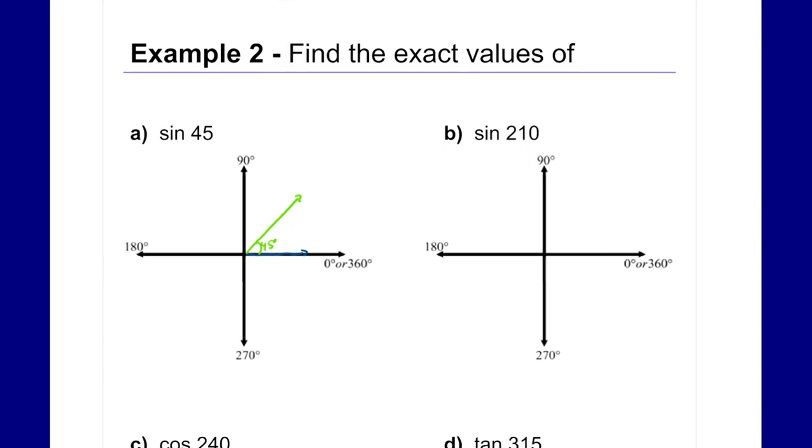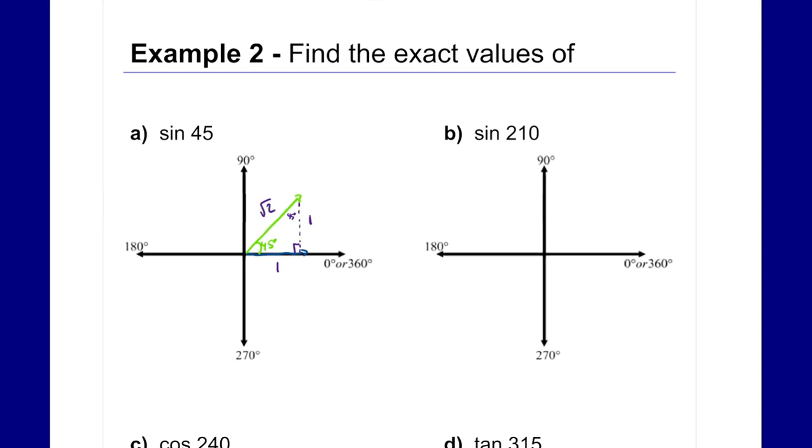Because of the angle of 45 degrees, that should indicate there is a special triangle associated with this. Let me pick a color, go purple. I can imagine there is a right angle triangle with 45 degrees. That means the other angle is 45 degrees, which makes an isosceles triangle. This matches our special triangle, so the sides are 1 and 1, and this is root 2.